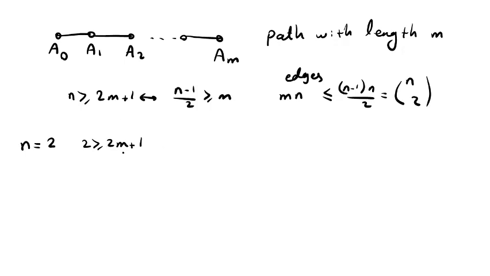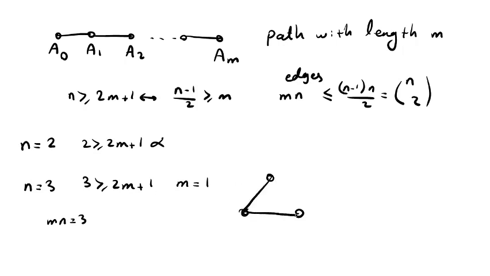For n equal 2 also, m cannot be a positive integer. So we should start from n equal 3. Then m plus 1 is at most 3, so m should be 1. And we have 3 vertices, mn will be 3 edges. We want to find a path with length m, which is 1. So with length m, you can select, for example, this as a0, this as a1. So we have this thing.